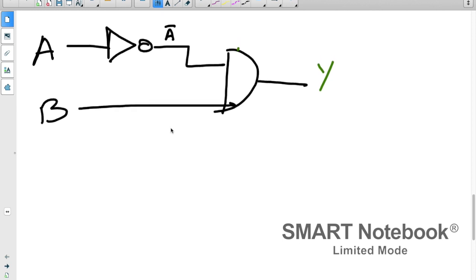Next one, we're going to combine a bunch of things together. So this is where you have to stay organized, and this is where you have to write out all your work. If you don't write out all your work, it's going to be a problem. So let's start with this. Let's start with AB.